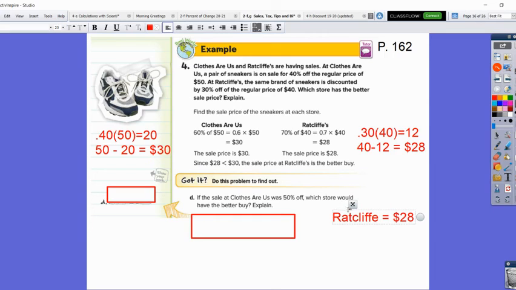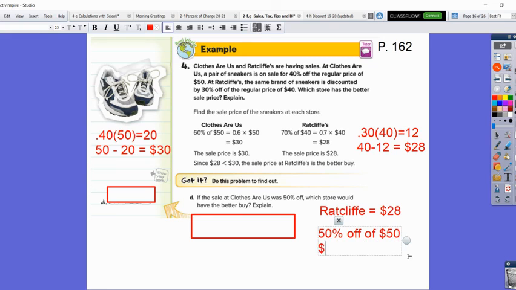What is the Clothes R Us price if it's 50% off? Now, this is one you should be able to do in your head, right? If it's 50% off of $50, no math required. No calculation required. What's half of $50? That's right.